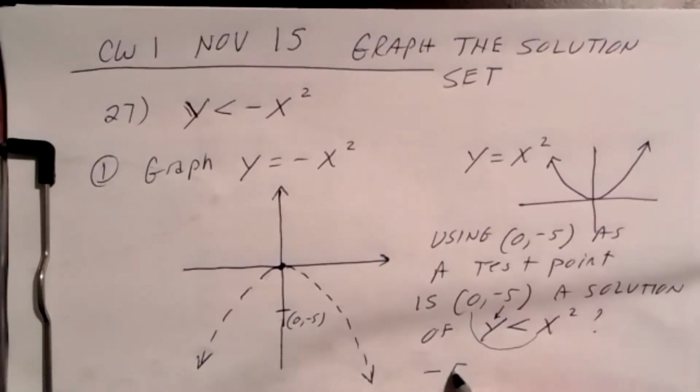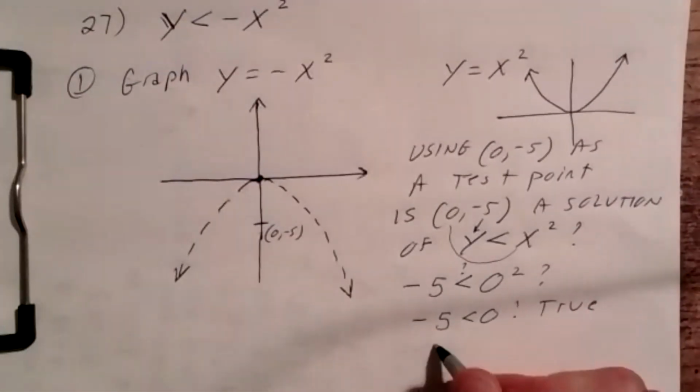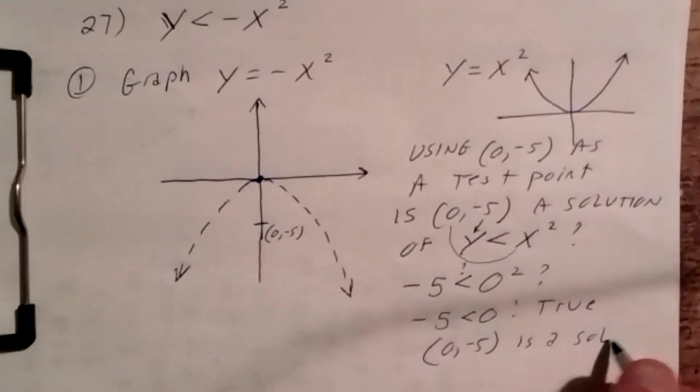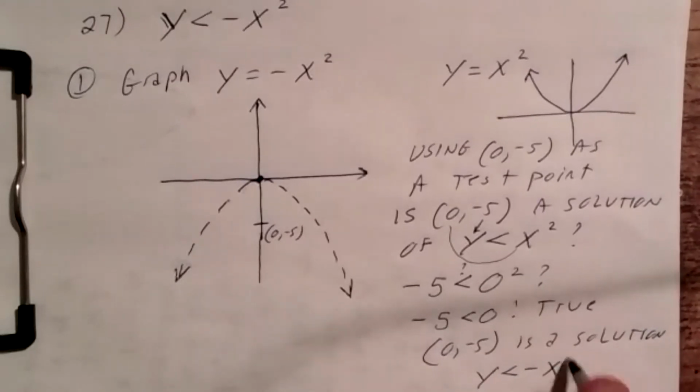So is -5 less than negative 0 squared? Is that true? Is -5 less than 0? Yes. That's true. So therefore, we have discovered that 0, -5 is a solution. It's a solution to y less than negative x squared.